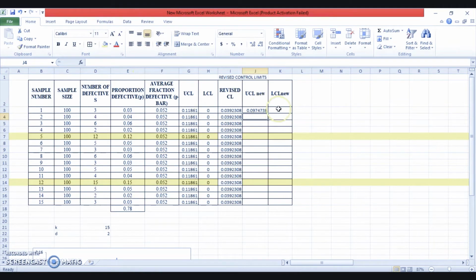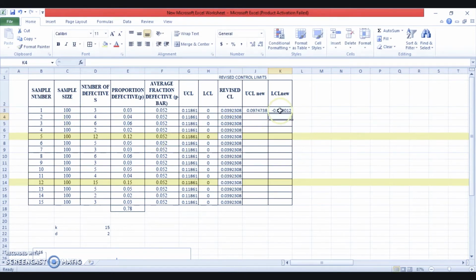For the lower control limit, again we'll use the same formula, except it will be the difference of the two, that is p bar new minus 3 into square root of, for square root you have this formula already inbuilt in Excel, square root of p bar into 1 minus p bar divided by the sample size, that is n.